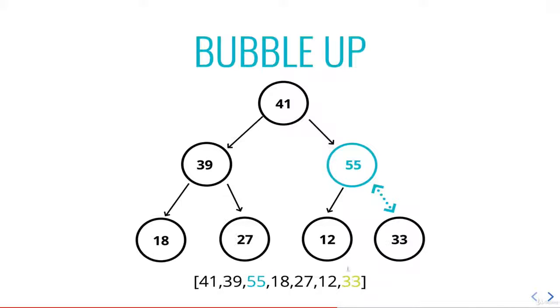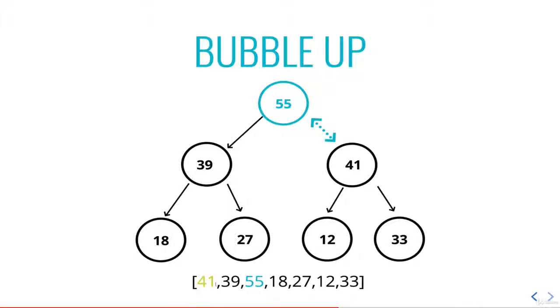Now the index that we're looking at is this index here, 2. And so now, using that number 2, we find the parent. So 2 minus 1 gives us 1, divided by 2 gives us 0.5, floored gives us 0. So the index now that we're comparing it to is index 0. And we compare these two items, and we end up swapping them. And then we stop because there is no next index to look at.